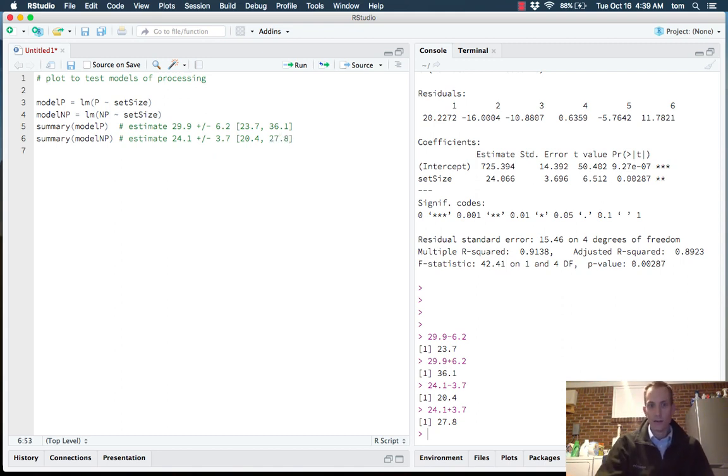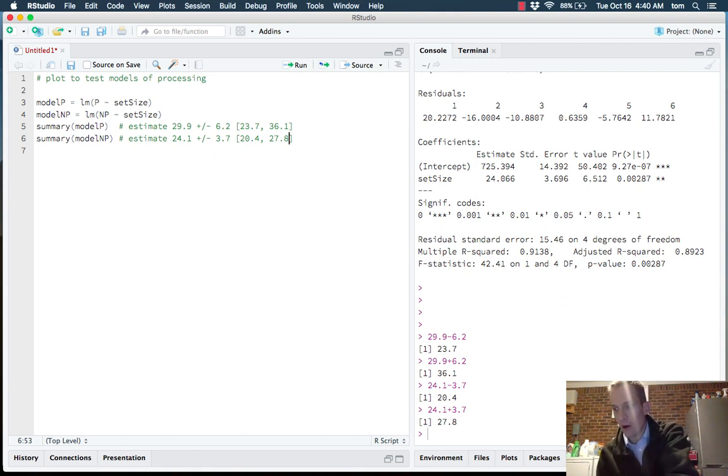Now, these certainly look different, but they overlap quite a bit. So one might be a little curious here, are these really different slopes or not? Well, at the end, we're going to test this definitively, but right now, it kind of looks like these might not be the same. These might be the same slope, right? They might not be different after all.